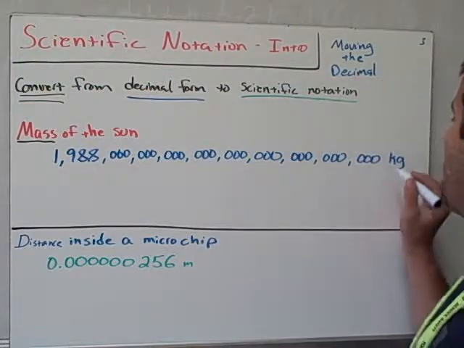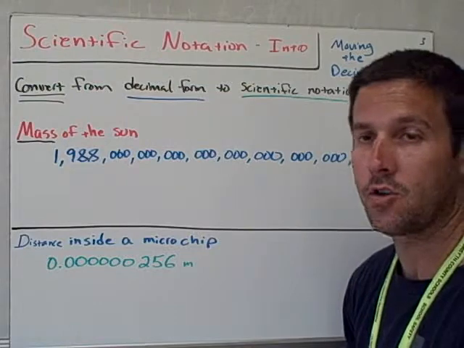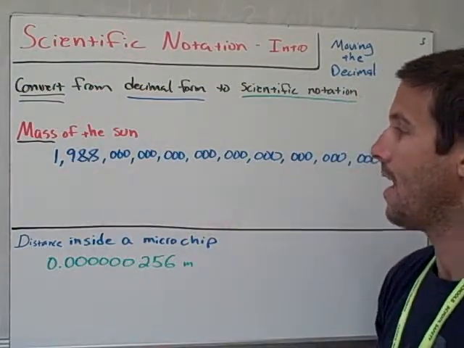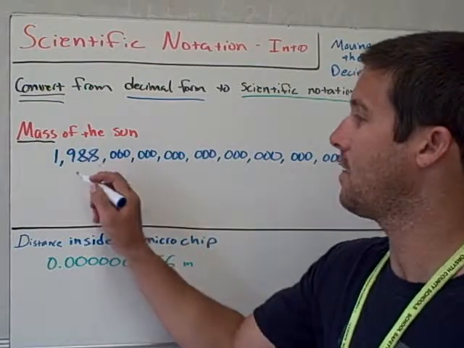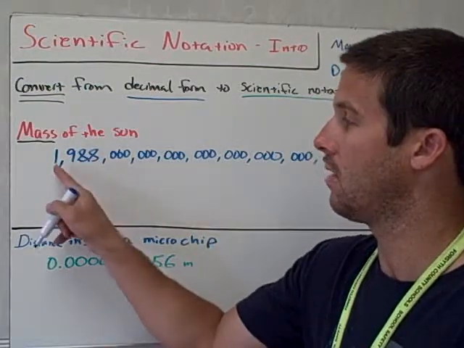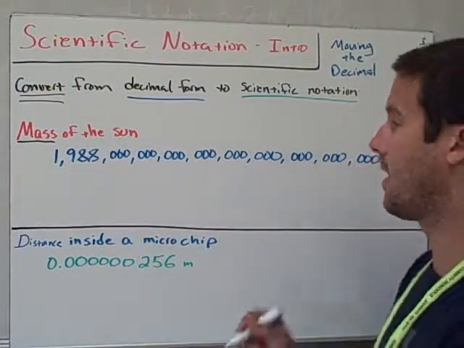So I'm going to pretend that my decimal is right there, like it usually is. This is a whole number, and I'm going to count how many spaces till I get to where I usually put my decimal. There has to be at least one whole number on the left side of the decimal.